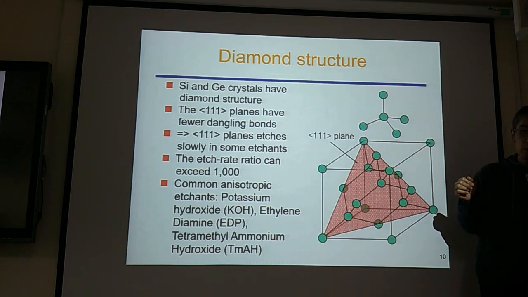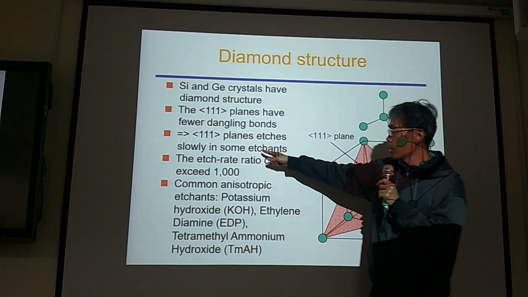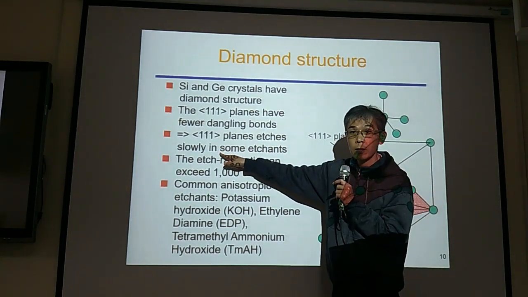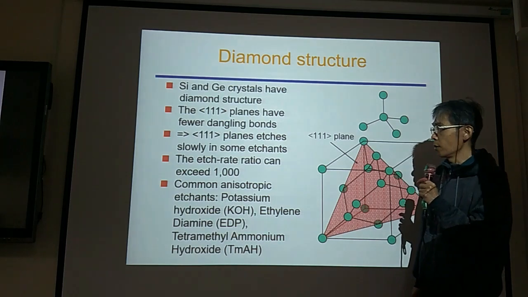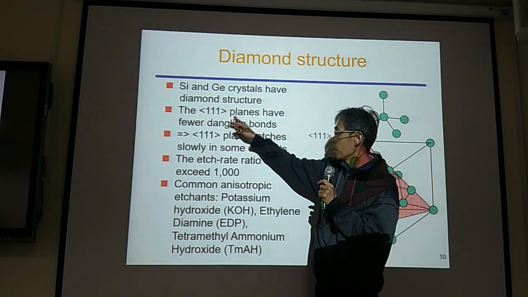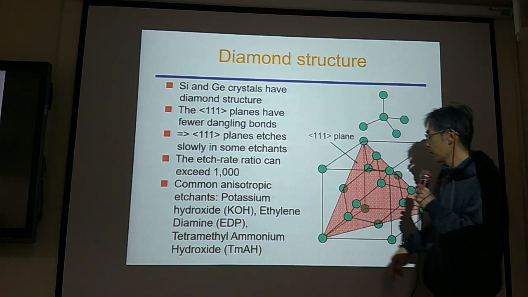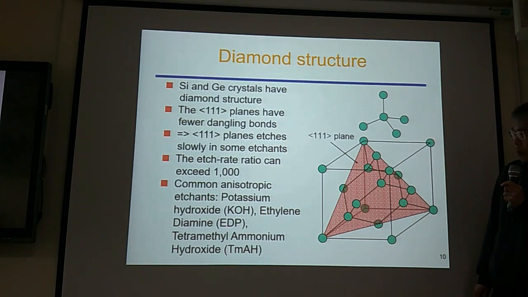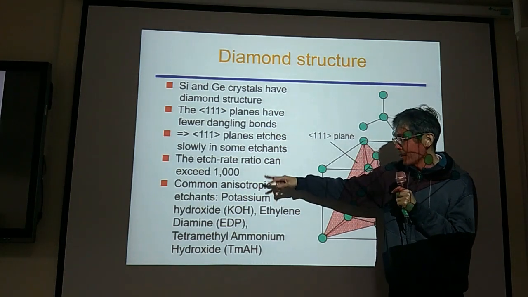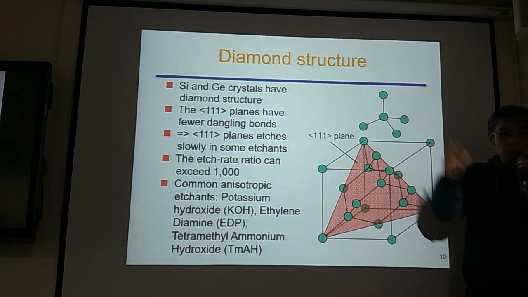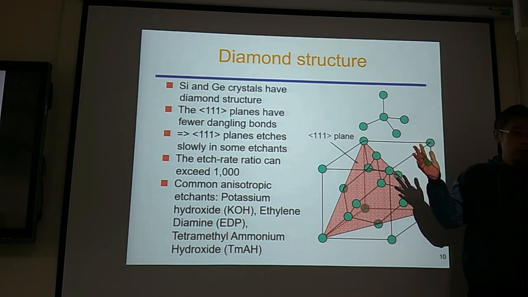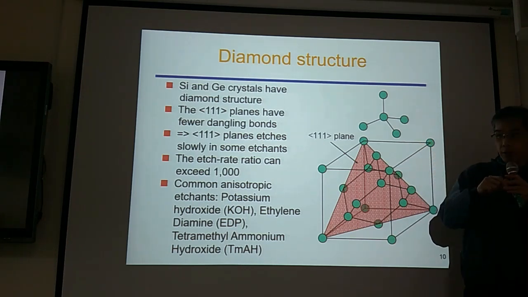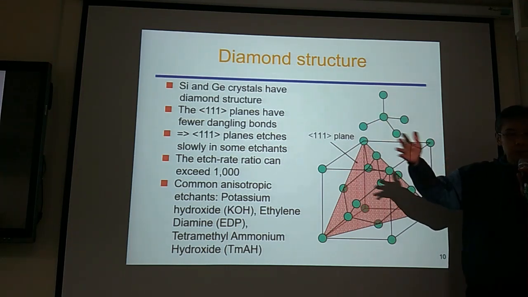So the 1, 1, 1 plane etches slowly. Another way to see it is that the 1, 1, 1 plane has fewer dangling bonds. The etching rate ratio exceeds 1,000, a huge difference, 1,000 to 1. If one runs 1,000 meters, the other just runs 1 meter. So the etching speed difference is huge.